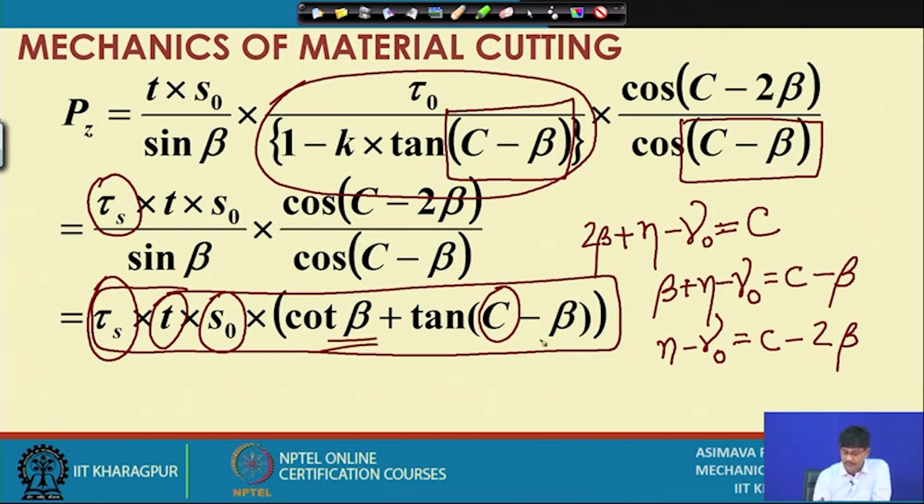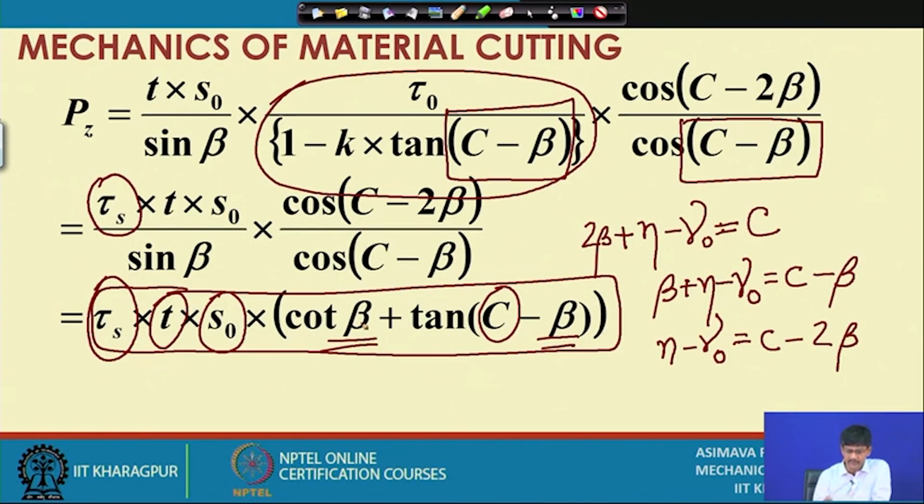Now, if you remember, beta, eta and zeta were related together, so that we can directly replace the value of beta here. So, I leave this to you, find out the value of tan beta, which we had found out to be equal to cos gamma O divided by zeta minus sin gamma O. If you put it here, we can replace beta as well.